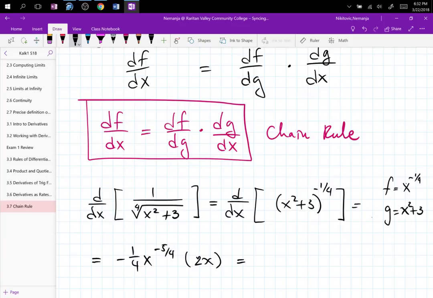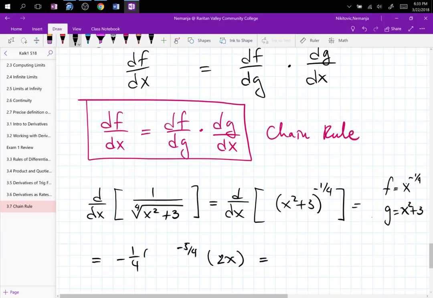So what do we have when we combine all of this? Oh, whoa, hold on. This over here, I lied. We need to have the x squared plus 3.